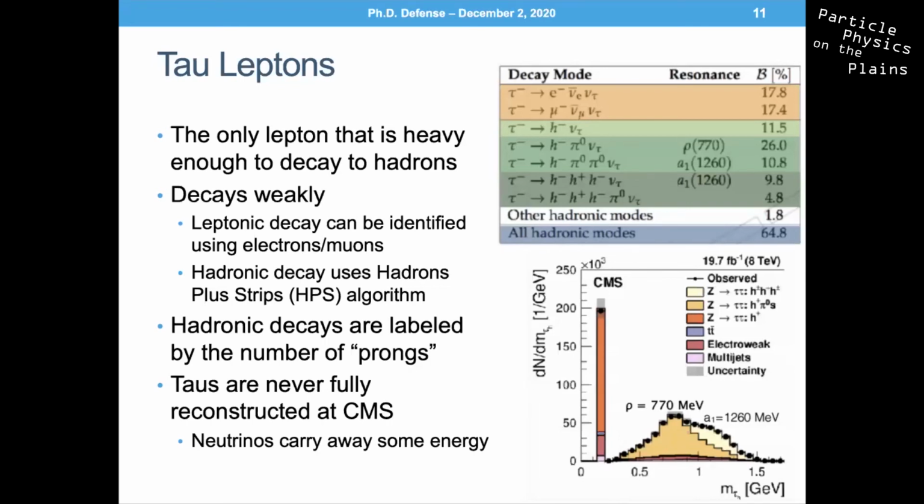A prong is a charged pion in this case. As you can see at the top right in green, you can have a 1-prong or a 3-prong tau. And these also come with different numbers of neutral pions. In this way, you can determine how the tau decayed using this hadron plus strips algorithm. We should note that since in all of these decays there are neutrinos, you can never fully reconstruct a tau lepton decay at CMS, because these neutrinos will carry away some of the tau's energy.